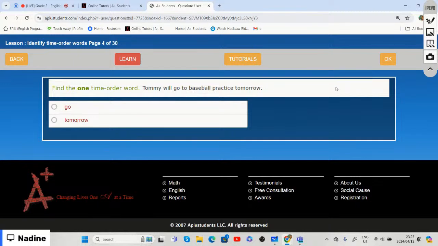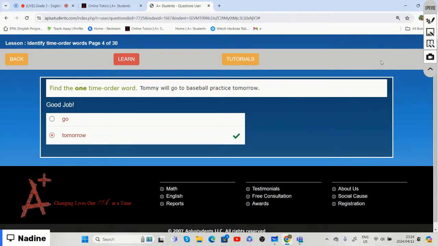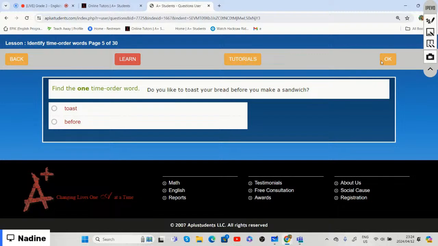Tommy will go to the baseball practice tomorrow. All right, and if we choose a one time order word, then it's tomorrow. Tomorrow shows when in the future.